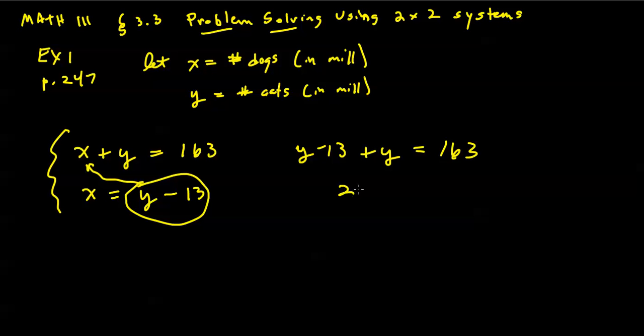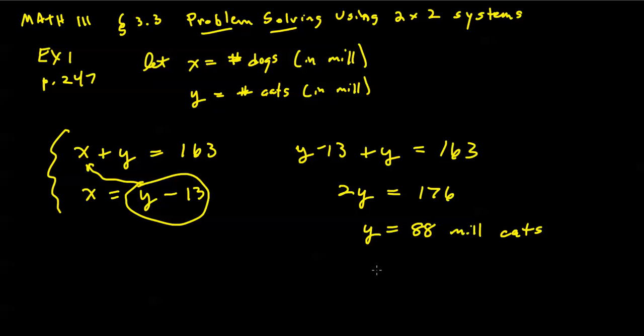Of course, if I combine like terms on the left and add 13 to both sides, I get 2y equals 176. Of course, then y must be 88, dividing both sides by 2. And remember, y was the number of cats. So y is 88 million in cats, right?